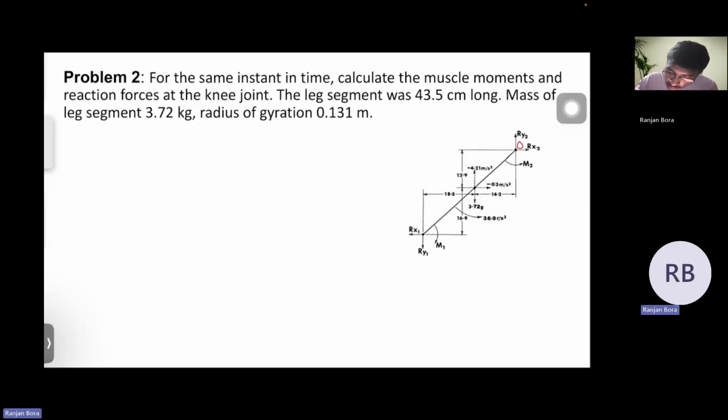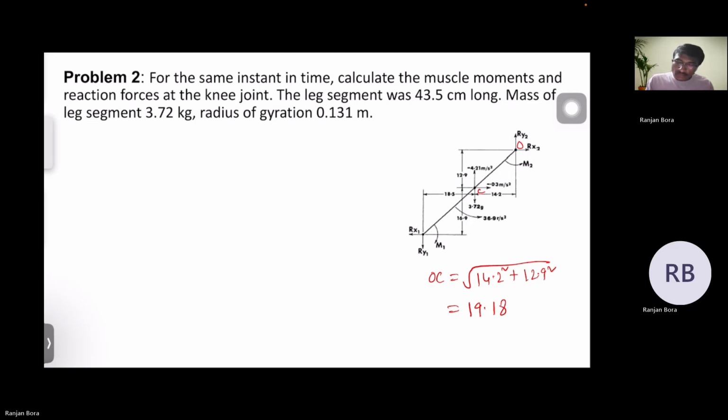So here, what was this distance? This is O. This is C. Then OC was square root of 14.2 square plus 12.9 square, which is 19.18.